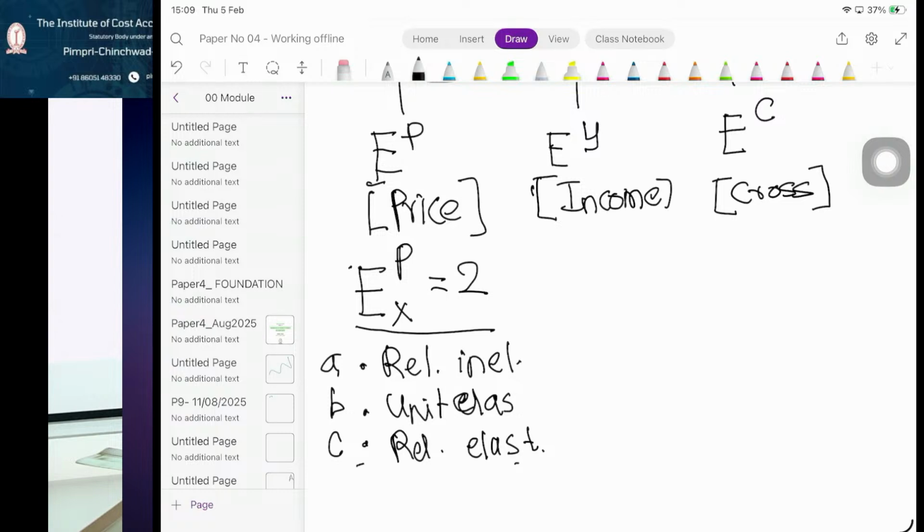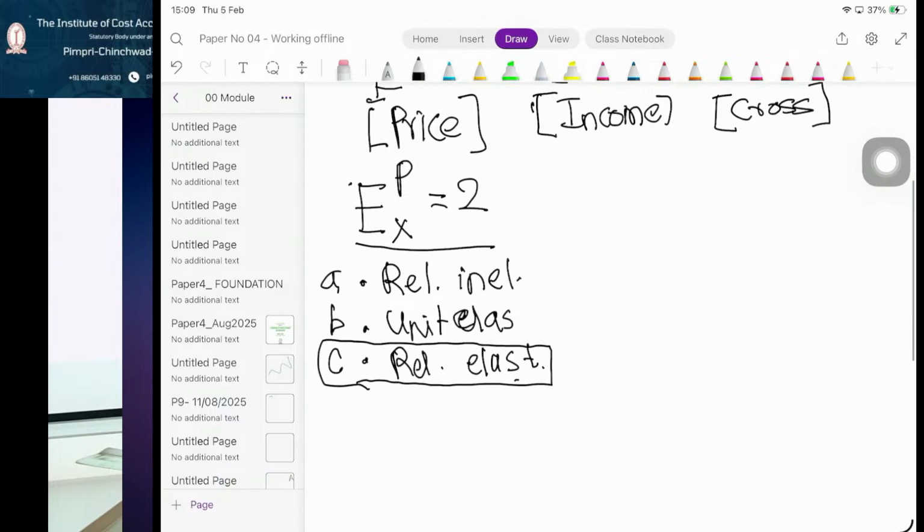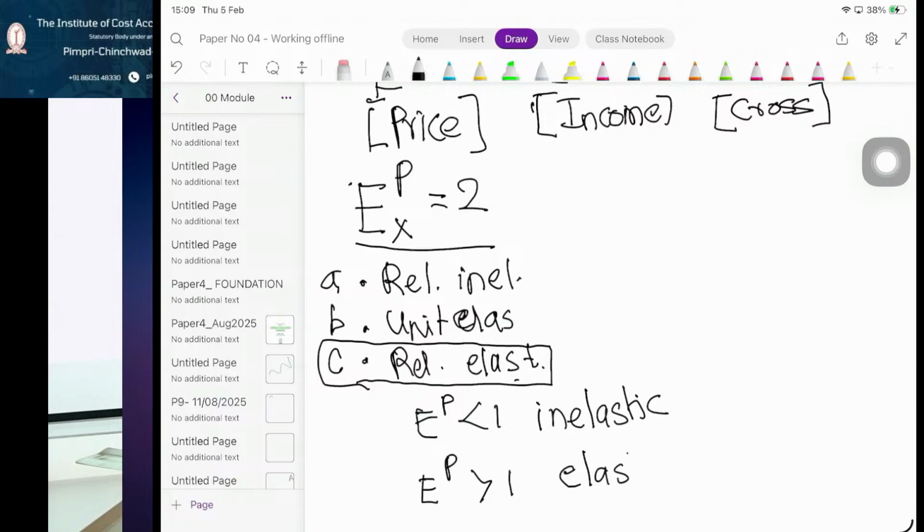Relatively elastic is the right answer. Why? More than one, correct. So remember this: if the price elasticity is less than 1, we say demand is inelastic. If it is greater than 1, we say it is relatively elastic. And if it is equal to 1, we call it unit elastic.